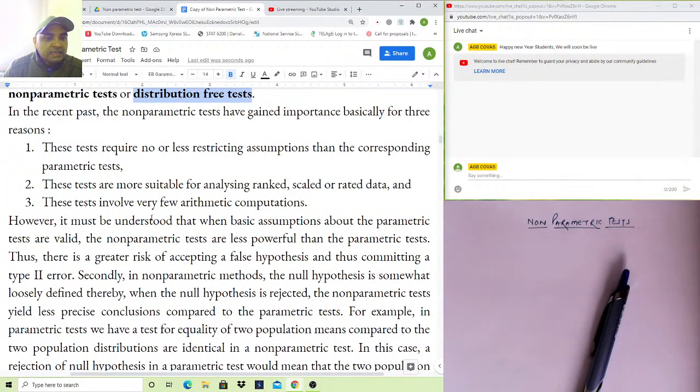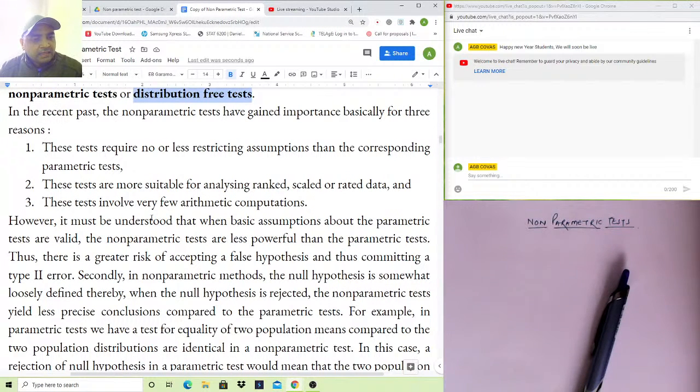One is that these tests require no or fewer restricting assumptions than the corresponding parametric tests. If you are going to apply a parametric test, then you ought to have some restrictions or assumptions on which the test can be applied, but it is not so in the case of non-parametric tests.